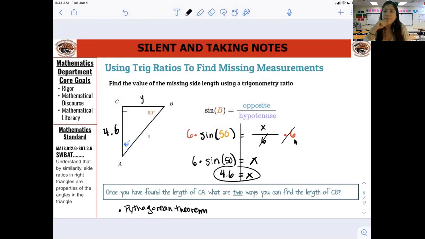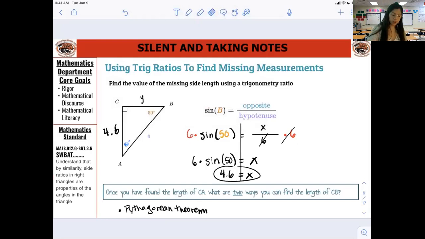Good. That's okay. You guys both got it almost at the same time. And then Perla, okay, the sine of B was the opposite side. What do you mean? I'm confused by your question, Perla. That was the side that we were missing.